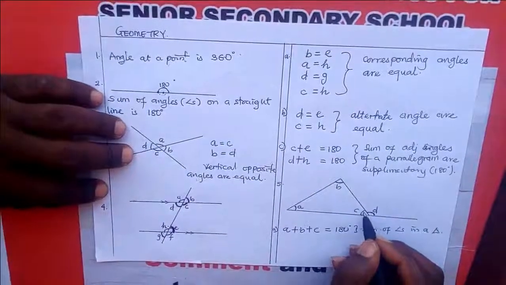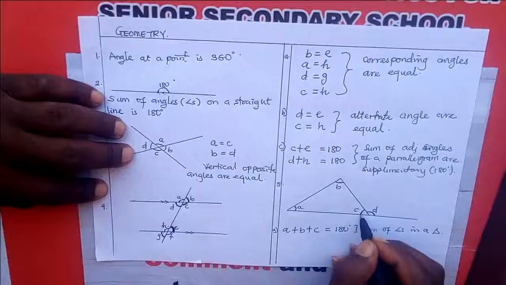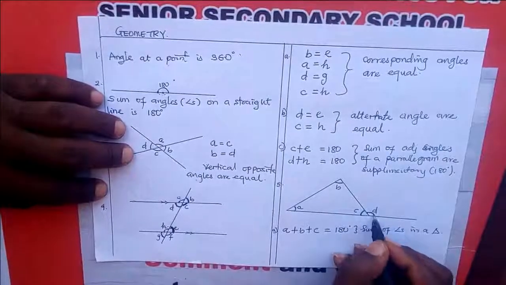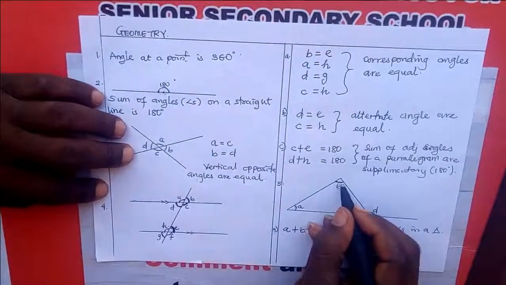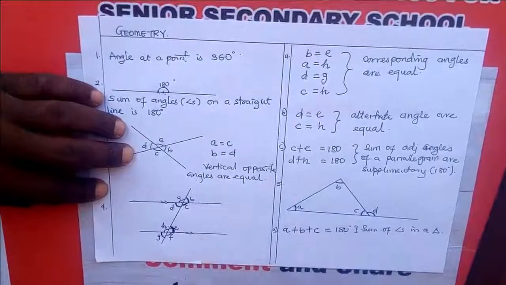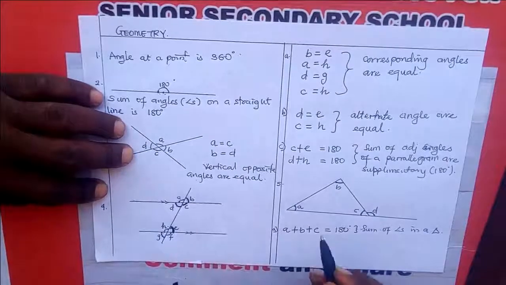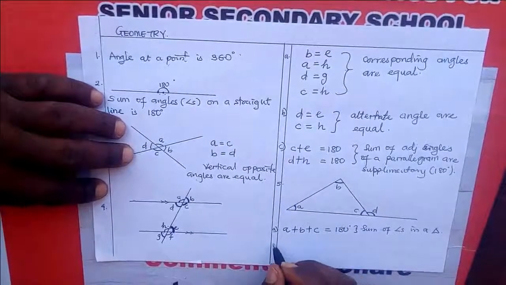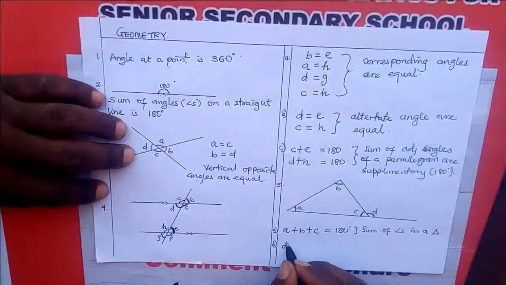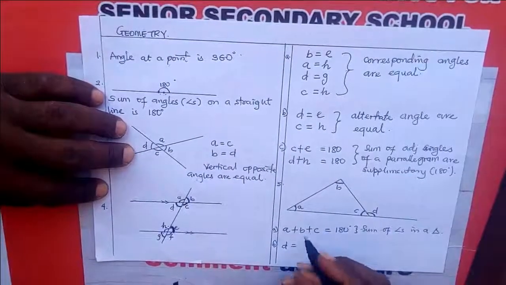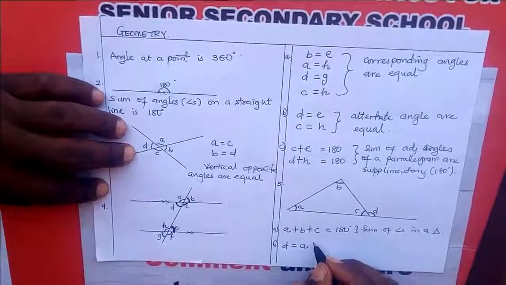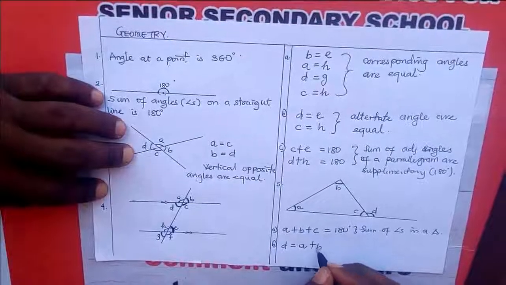So to get the exterior angle at C, it will be equal to the interior angles summed together, removing C from them. So we now have angle D equal to A plus B.